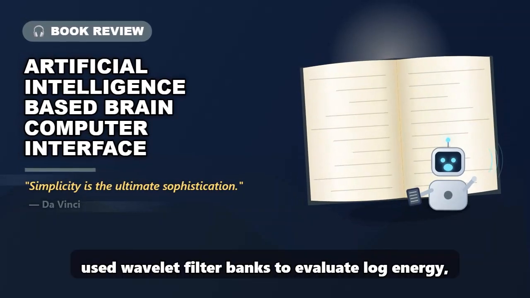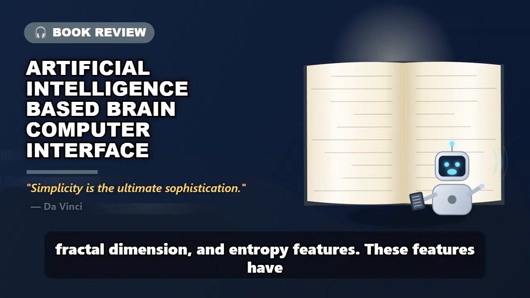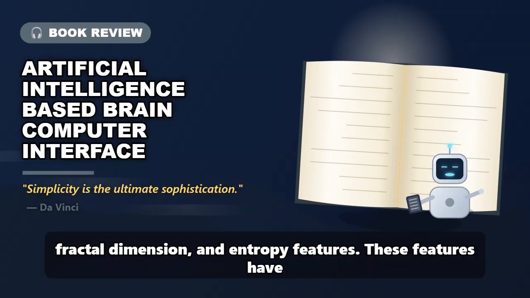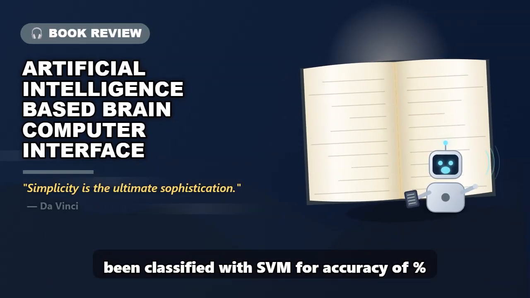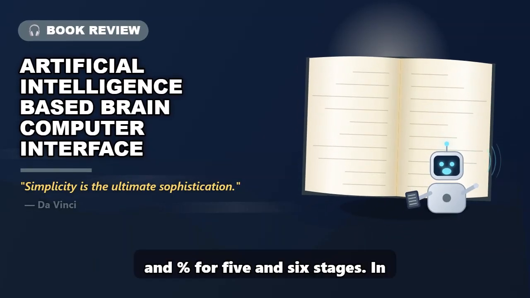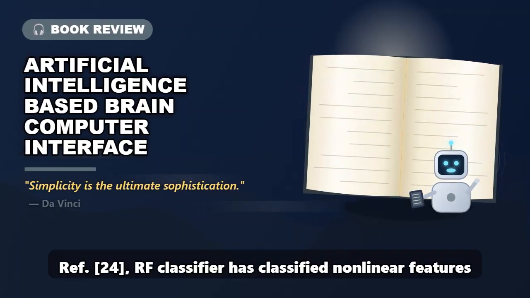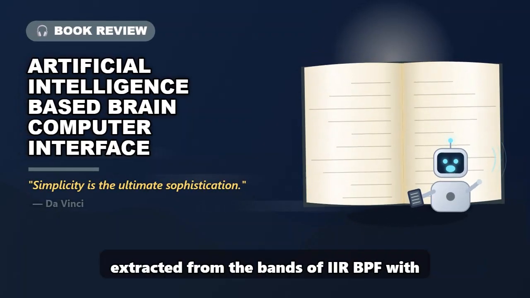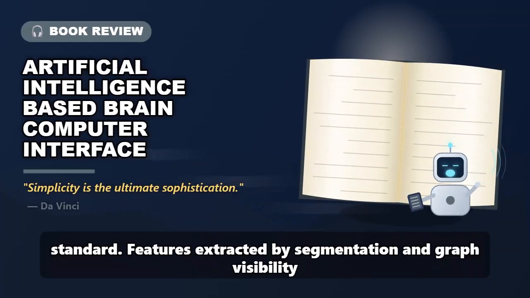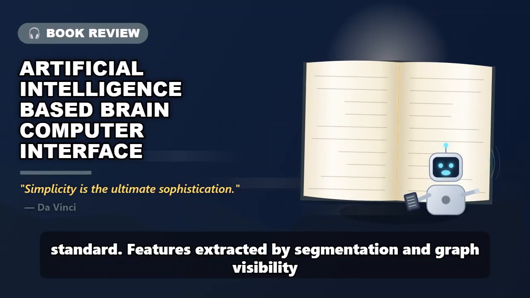Sharma et al. 32 used wavelet filter banks to evaluate log energy, fractal dimension, and entropy features. These features have been classified with SVM for accuracy of % and % for 5 and 6 stages. In Ref. 24, RF classifier has classified nonlinear features extracted from the bands of IIRBPF with an accuracy of % for R and K standard. Features extracted by segmentation and graph visibility in Refs.